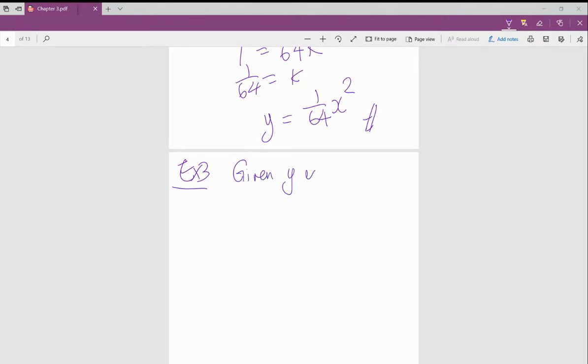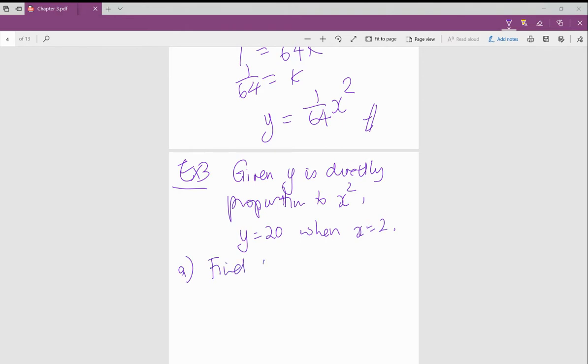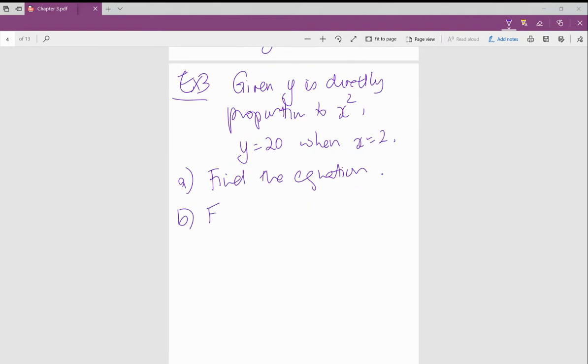Given y is directly proportional to x squared, y equals 20 when x equals 2. Part A, find the equation. There are a few parts to this. B, find the value of x when y equals 5.